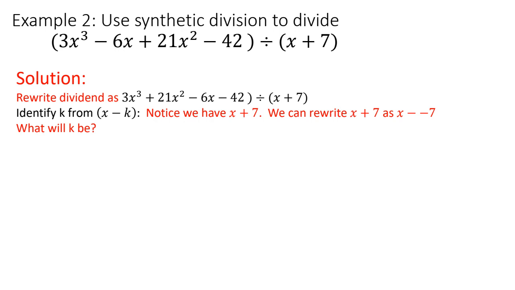But here is another way to think about what the k value is. The formula that we said we needed to divide using synthetic division is in this format, x minus k. If we have a positive here, the only way this became positive from our formula is if that 7 was a negative 7.